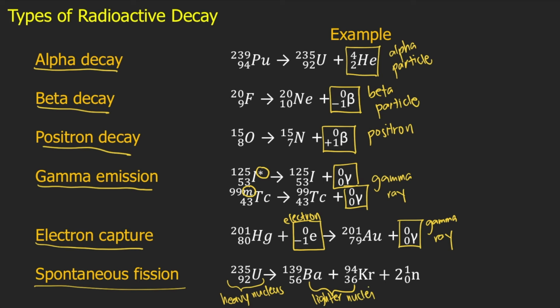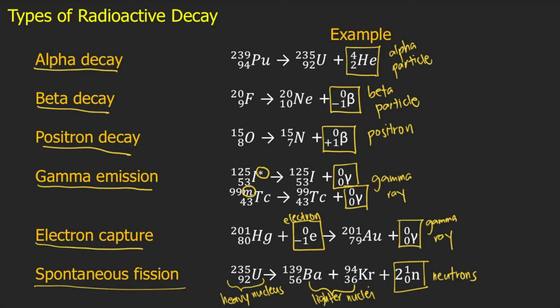As you can see, uranium-235 splits into two lighter nuclei: barium-139 and krypton-94. And in many cases of spontaneous fission, neutrons are also produced. As you can see in this example, two neutrons were produced in spontaneous fission.